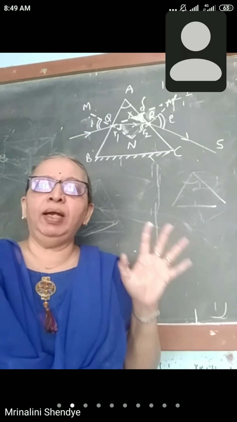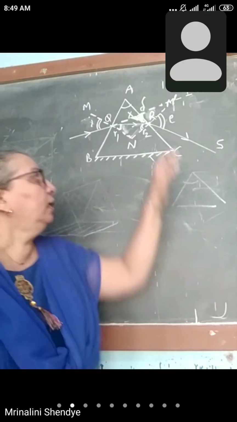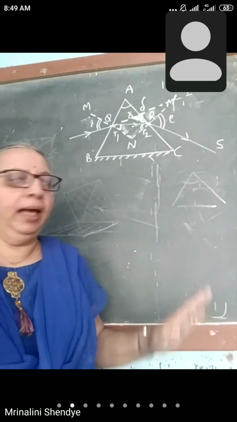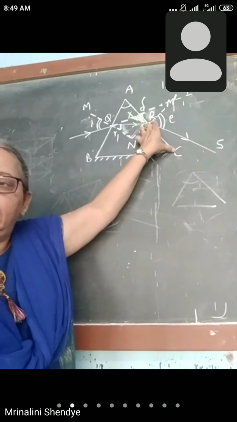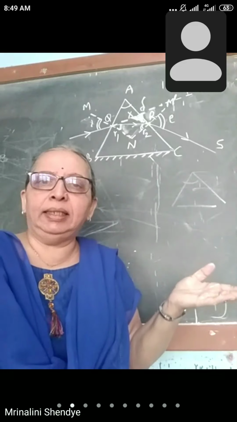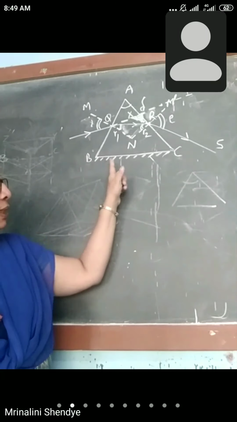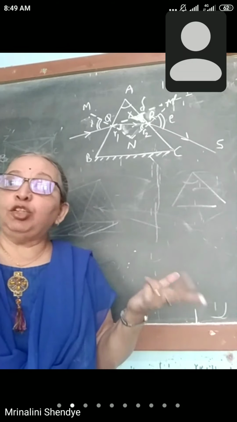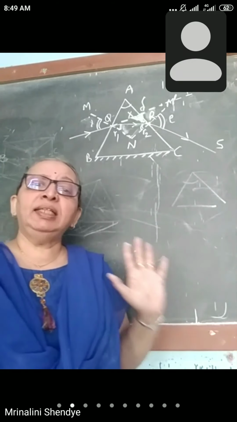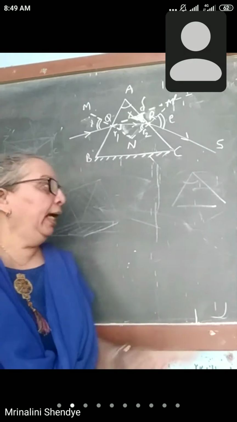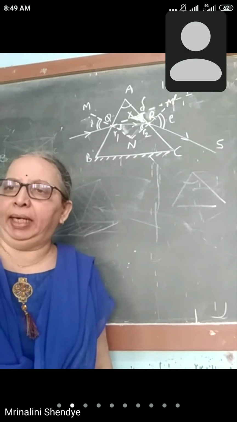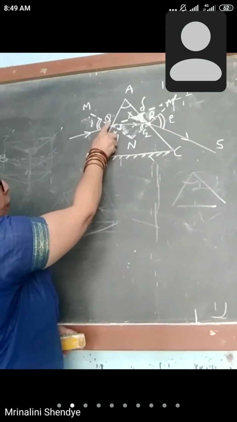So we will consider principal section A, B, C of the prism, where AB and AC are refracting surfaces while BC is made opaque, which is the base. It is opaque for light. We will select a ray incident on the first refracting face AB, suppose at point Q.